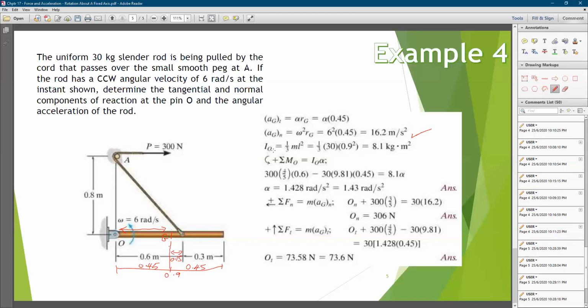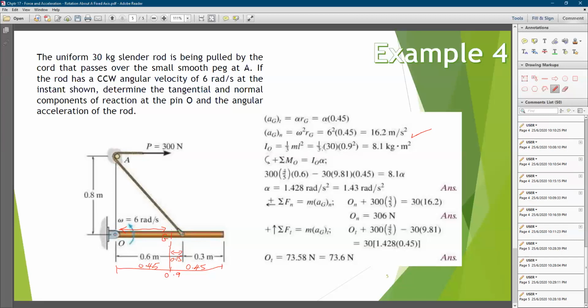Then you need to calculate the mass moment of inertia of this slender rod, where the rotating axis is here. You can use the parallel axis theorem to prove this, but since we can refer to the back of the book, we can jump straight into that.